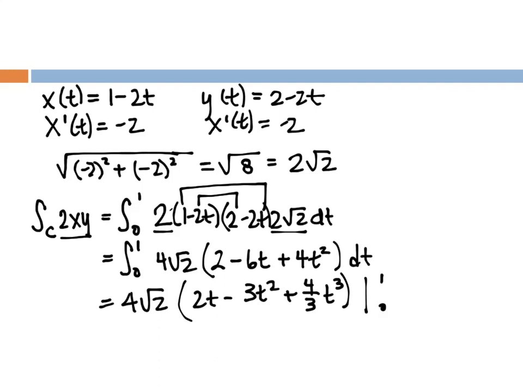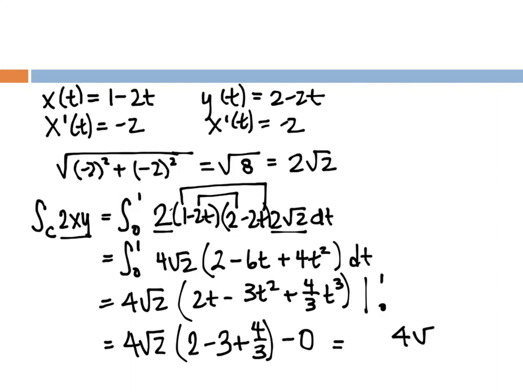Integration at 0 is even better because it's 0. So this ends up giving me 4 square root of 2 times 2 minus 3 plus 4/3. Technically it's then minus 0 because of the other part, so that we didn't just gloss over that. But if we combine and simplify these, I'll spare you the details, we end up getting 4 square root 2 over 3.